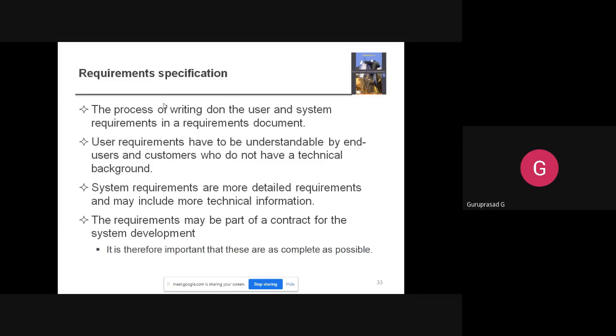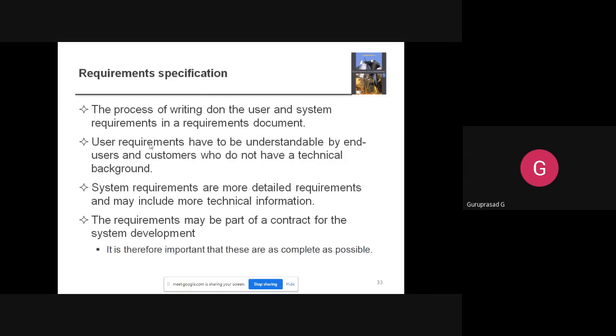The user requirements have to be understandable by end users and customers who do not have a technical background, whereas the system requirements are more detailed and will include technical information. So generally user requirements will have less technical information, whereas system requirements will have more, because the type of people who are going to go through them is different, correct?